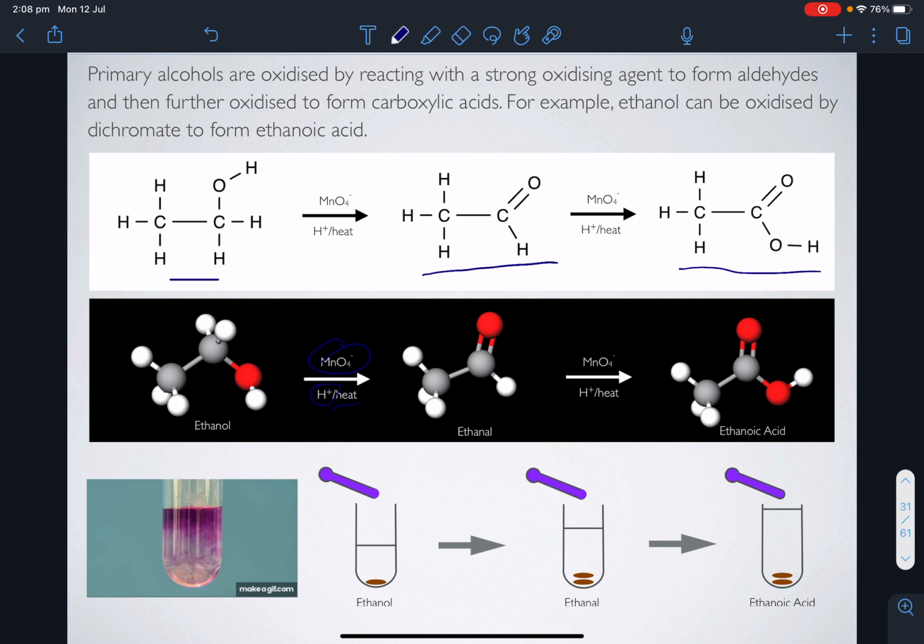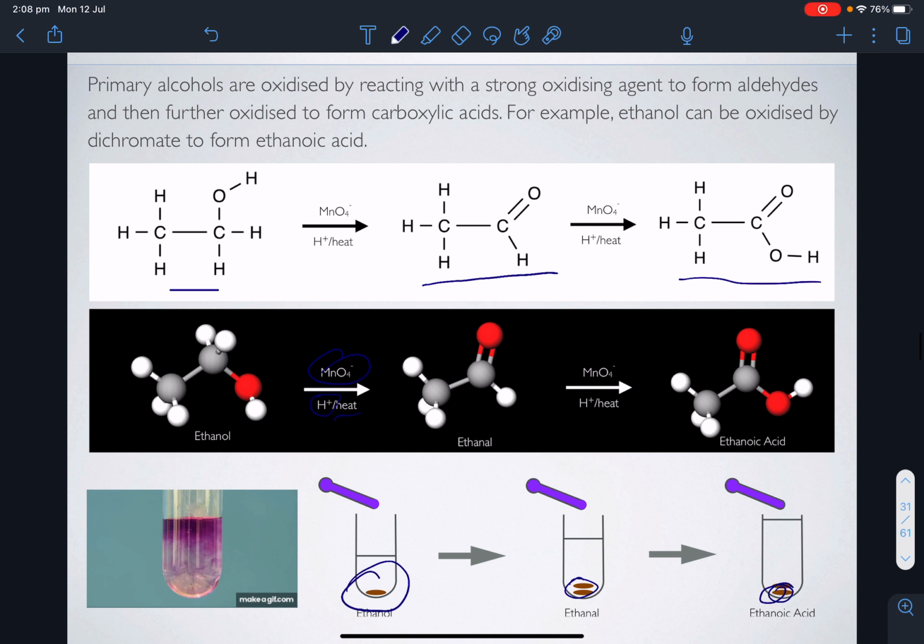Visually, you're going to see the disappearance of the permanganate ion when you add it to a primary alcohol, and you may see a brown precipitate that I've got showing here. So with ethanol, adding a few drops in, you get a bit of brown precipitate, and with the ethanoic acid, you get a bit more brown precipitate.